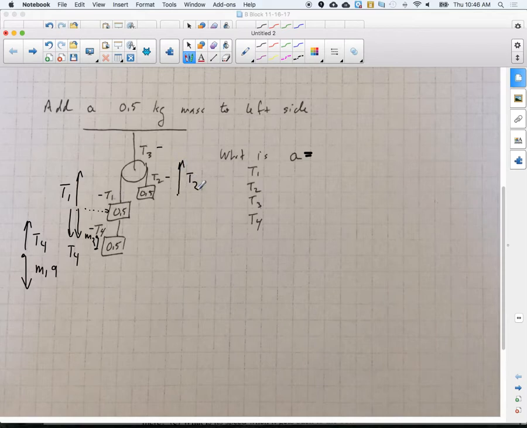And then we'll do this one right here. I have a T2 coming up, and I have an M3G going down, and then this one right here.